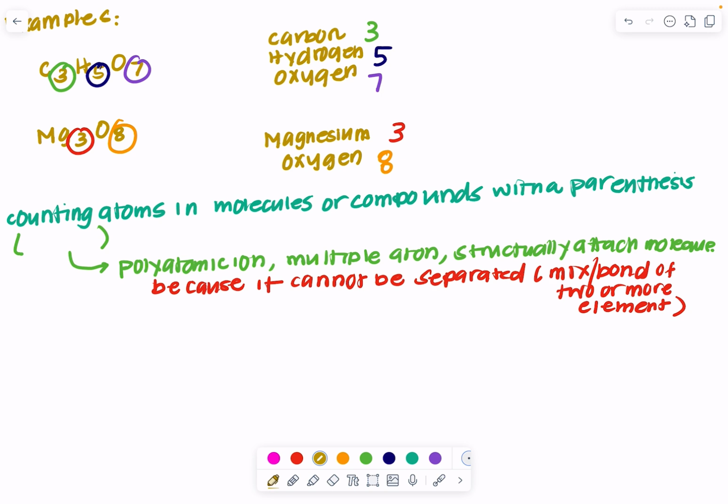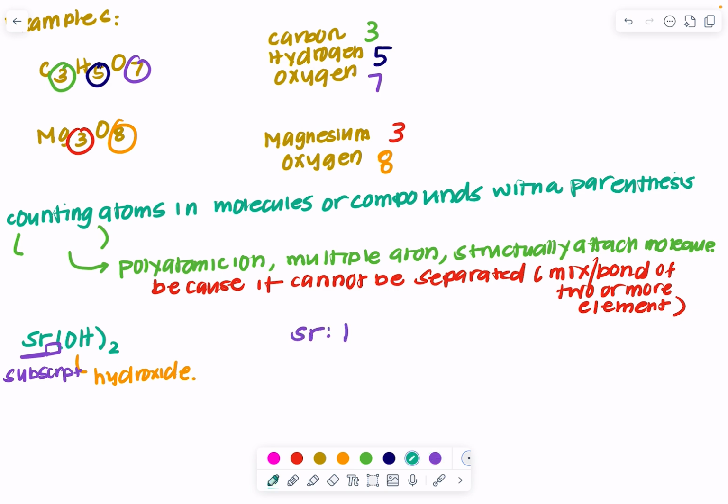So let's look at a counting example. Let's look at Sr(OH)2. We should recognize that in here, we have hydroxide, which cannot be separated. Anything outside of the parentheses, all you have to do is look at the subscript. In this case, the subscript is 1. We have 1 strontium.